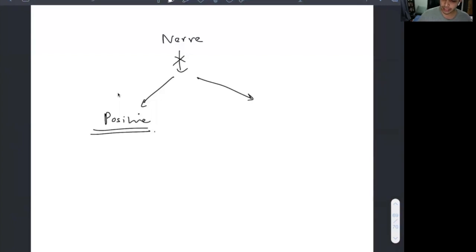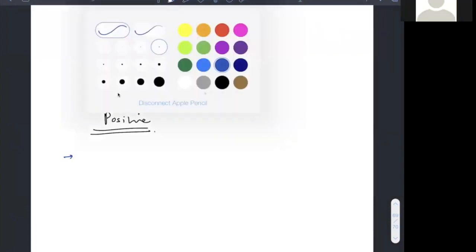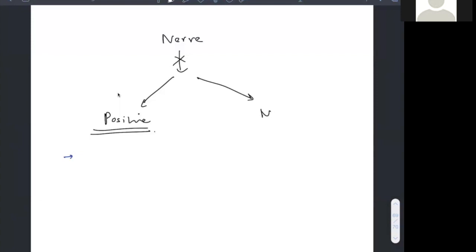If your nerve is damaged, there are certain positive symptoms, by which we mean that the patient comes saying that I have these problems, and there are certain negative symptoms wherein the patient comes and says that I can't do certain things.